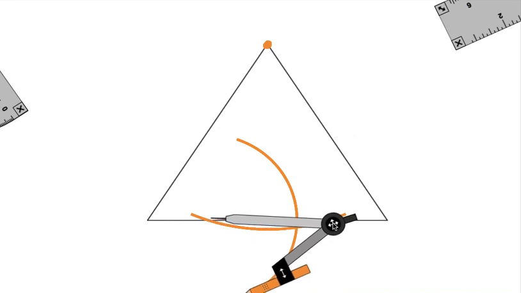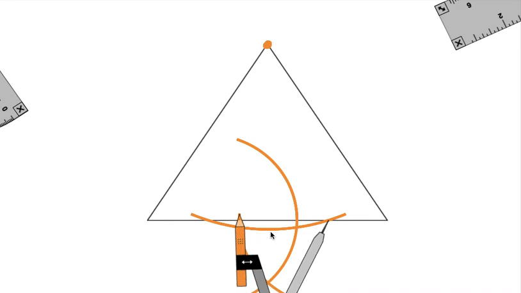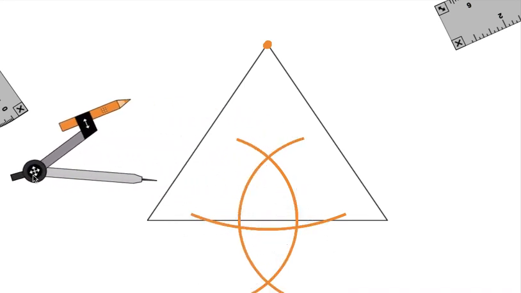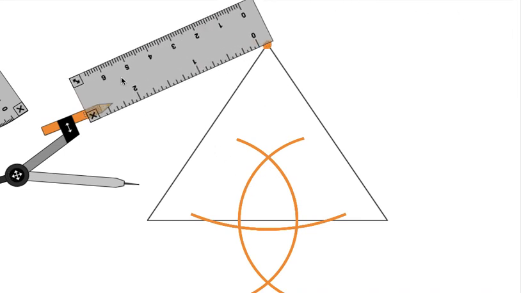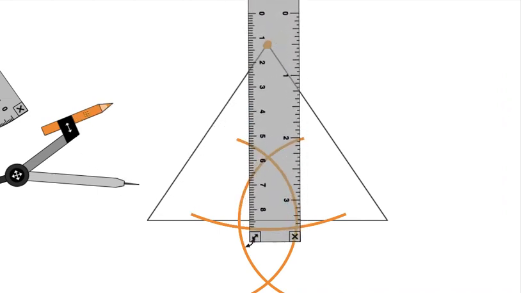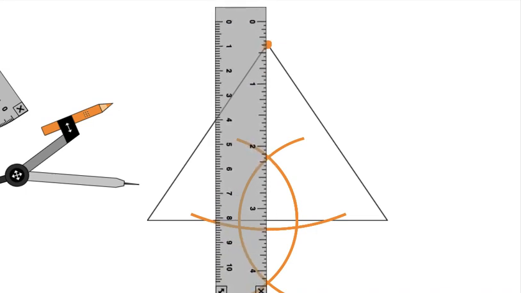Then I move my compass to the other intersection and I strike the arc in the opposite direction. So now I have 2 intersections of these arcs. I'm going to line up my straight edge so that I go through the point and those 2 intersections.